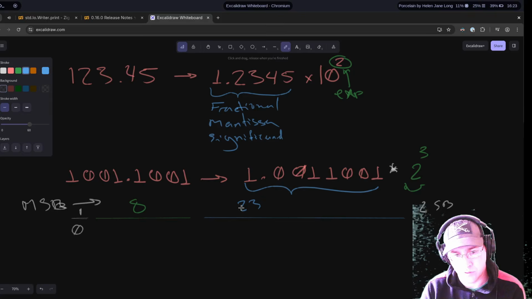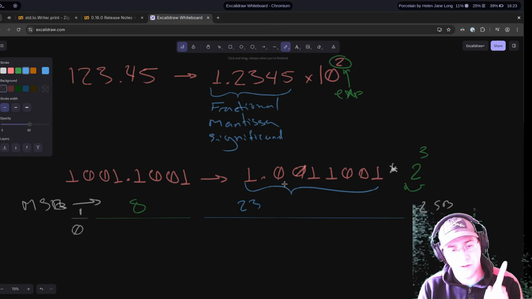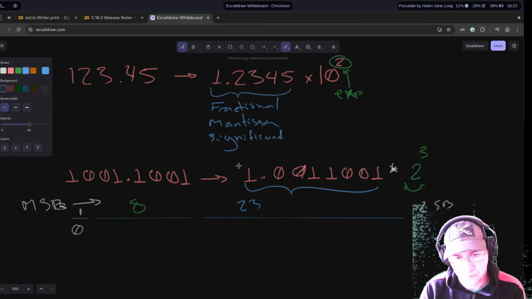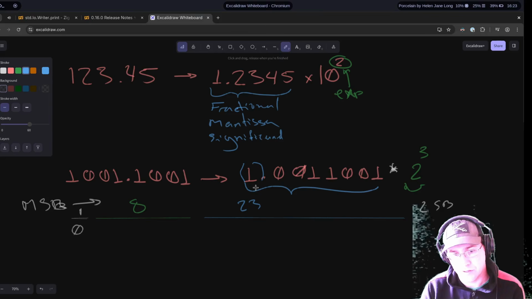We want to take the 23 bits that we have and write down this fraction. However, there's a little trick that we know here, which is that when we use scientific notation, we can always make this leading bit a 1. And so if we're going to use that leading bit a 1, we can just imply that that leading bit exists here.